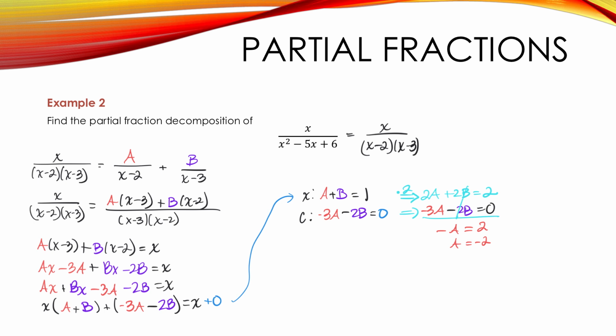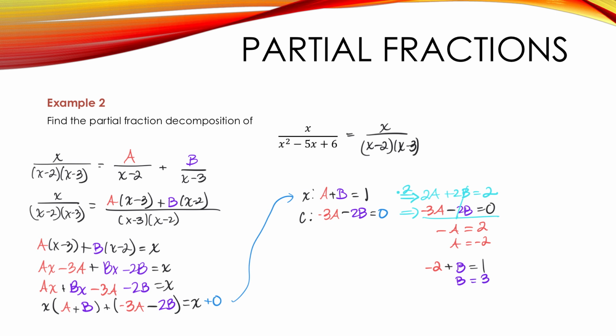And once we know that a is negative 2, we can solve for b. So negative 2 plus b equals 1. Well, that means b itself would then be, add 2 to both sides, b is 3.